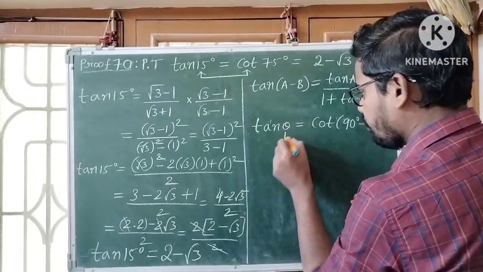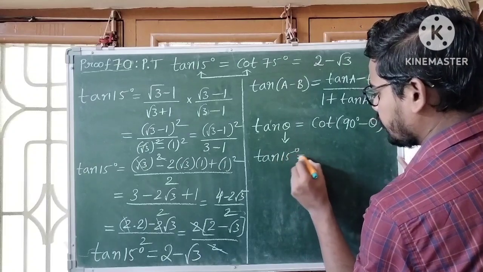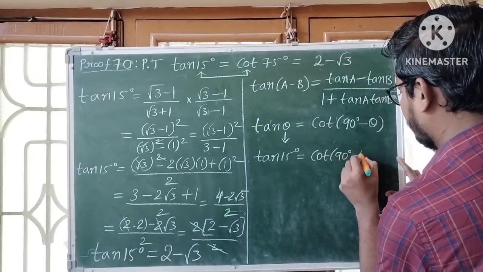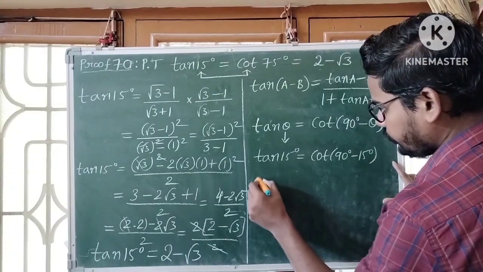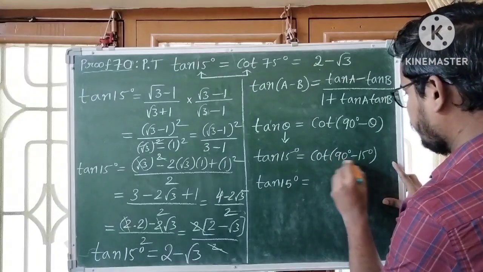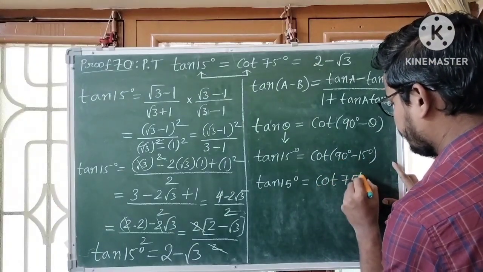Now replace theta by 15 degrees. Then tan 15 degrees is equal to cot of 90 degrees minus 15 degrees, that is cot 75 degrees.